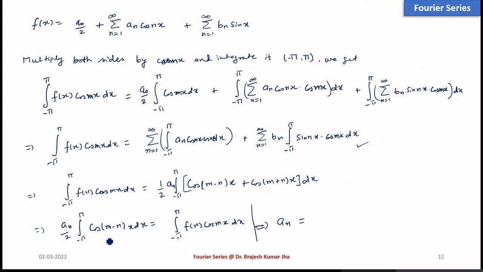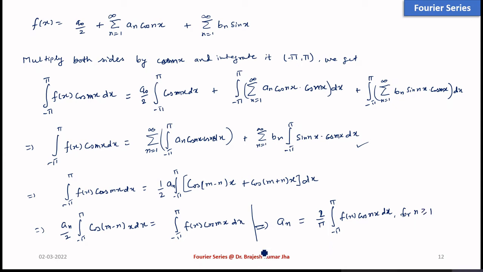And the 2 we can take here. So an is 1 upon pi, or 2 upon pi that we can write, the integration from minus pi to plus pi of f(x) cos nx dx for n greater than or equal to 1.